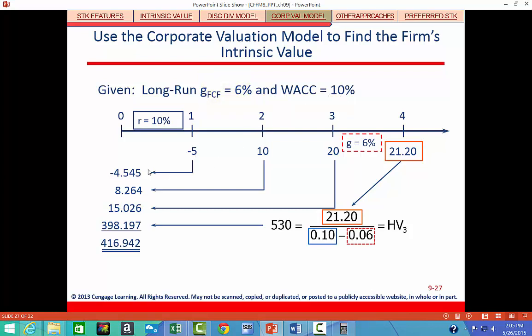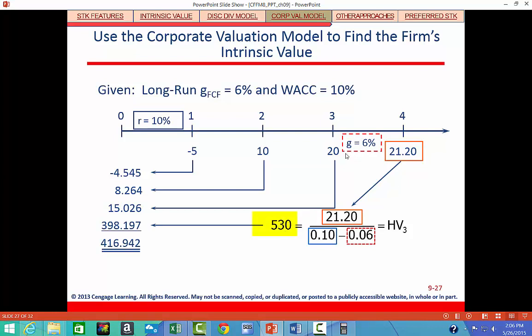We'll discount each cash flow back. This time cash flow 1 is a -5 for a free cash flow, and then 10 and 20. And then after that the free cash flows start to grow at a constant growth rate of 6%, so we need to get free cash flow at time 4 to get the horizon value at time 3.